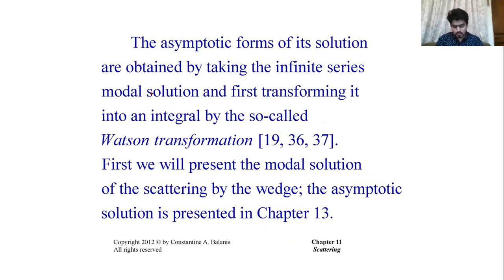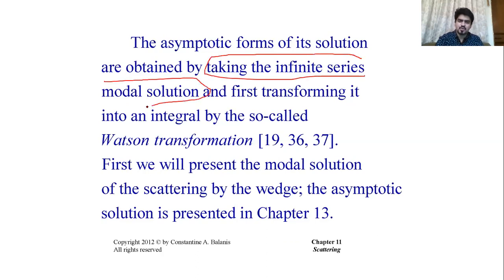And what you do is you first form the asymptotic form of the solution by taking an infinite series of the modal solution. Okay, that is what we do, right? If you remember, when we discussed line sources, we represented the Hankel function in terms of infinite summation of Bessel function and Hankel function, right?